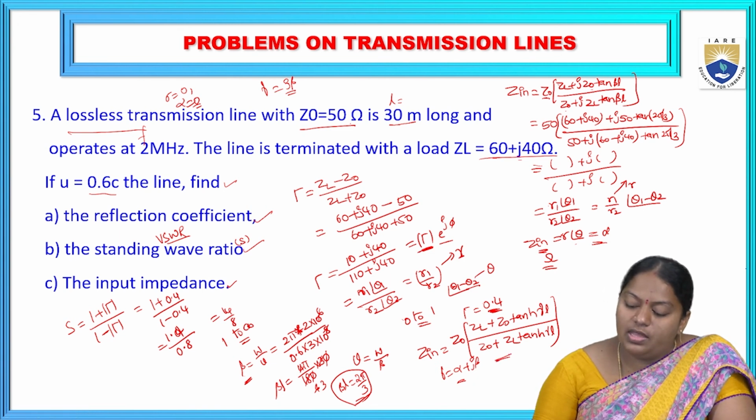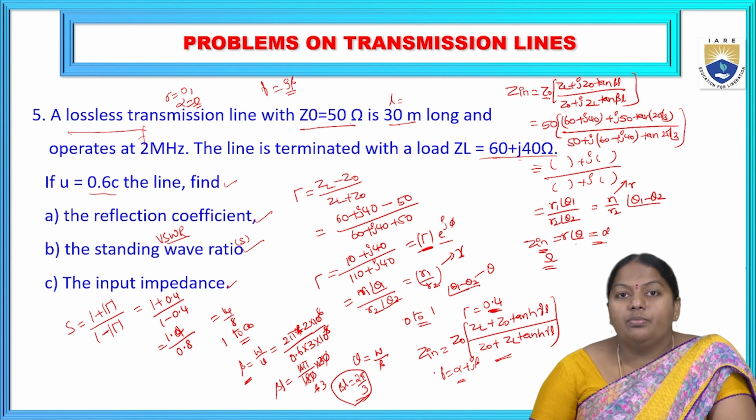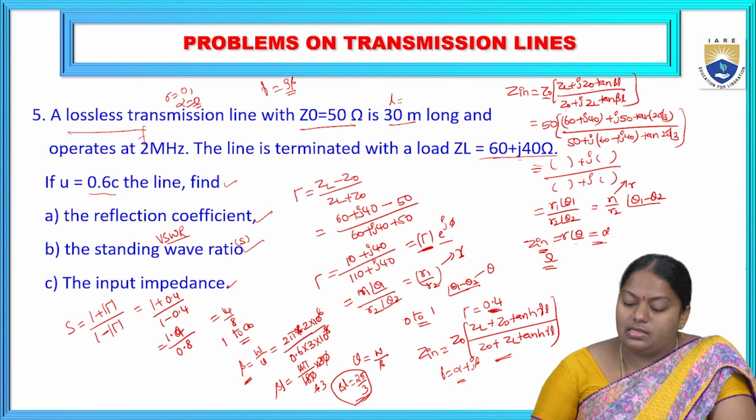Hence it is the formula for the lossy transmission line input impedance, including the load impedance and the characteristic impedance.